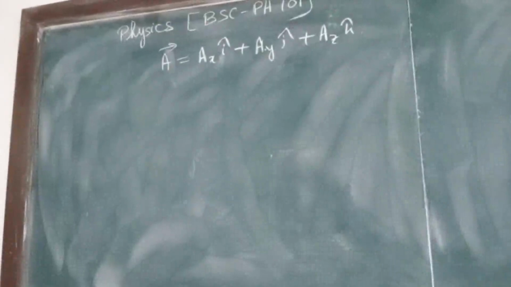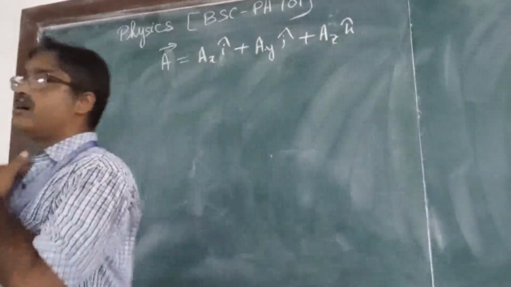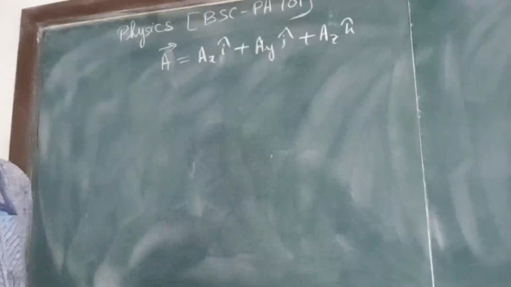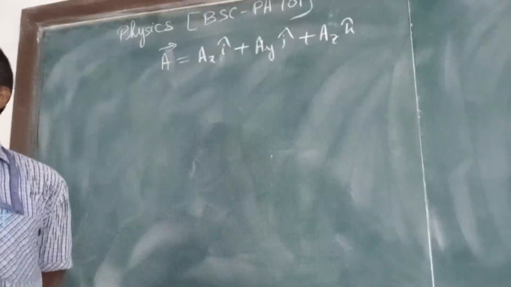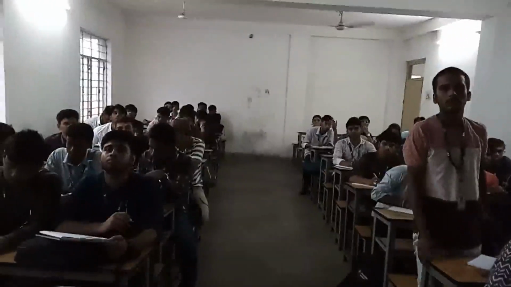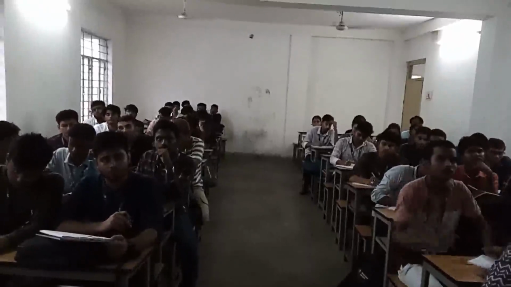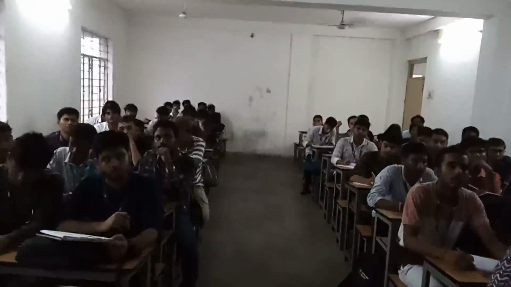Now draw the figure and write it out. Now the unit vector. What is the unit vector? Unit vector has magnitude 1, unity, and has the direction same as the vector.